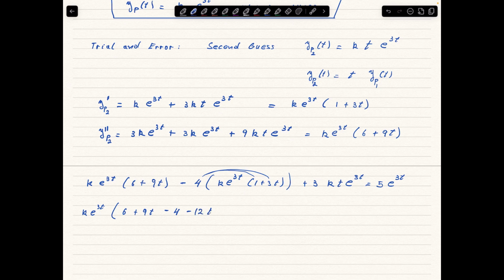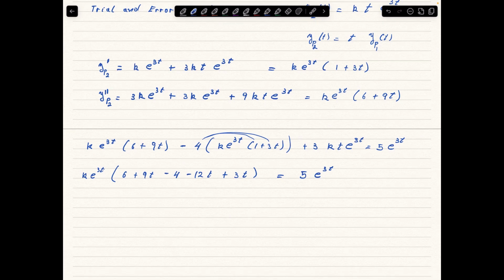The exponential is already common factor, and then plus 3t. All that has to be equal 5 exponential 3t. The calculation is a little bit more complicated, but now we can simplify the exponentials, which is what we wanted, and now we want an equation for k. Notice that the equation for k is going to be k.